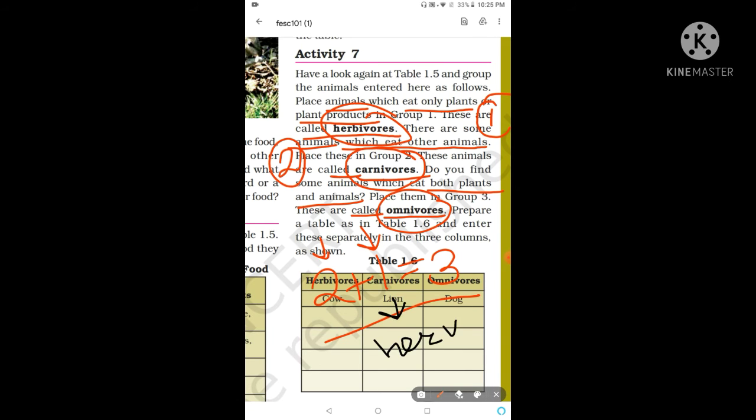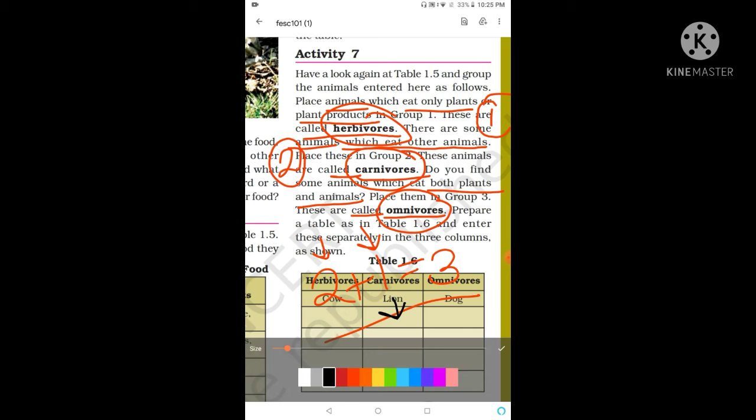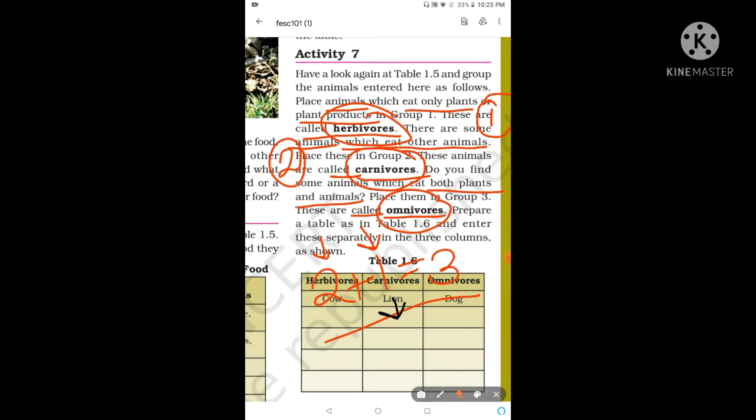Sorry, it's not clear to you, wait, let me write it again, make it more small. They will call herbivore. Now this is called number 1.